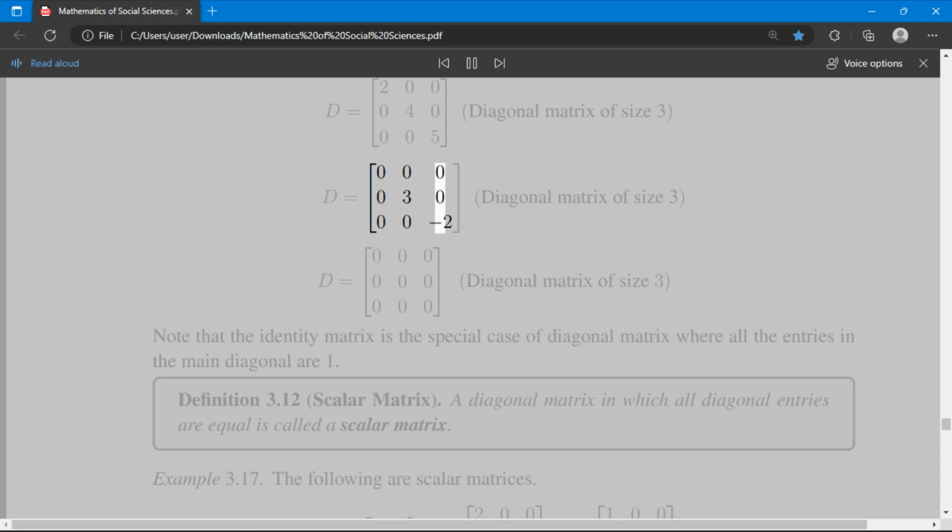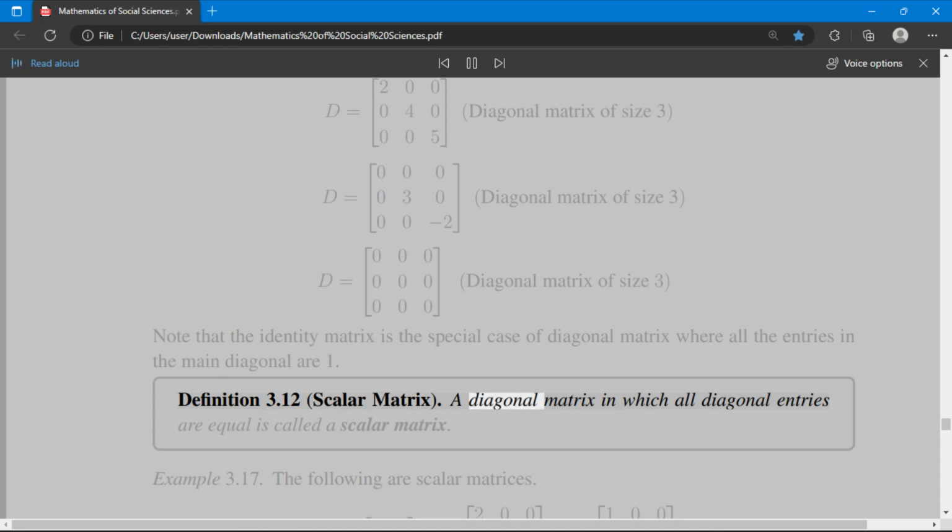D = [0 0 0; 0 3 0; 0 0 2], diagonal matrix of size 3. D = [0 0 0; 0 0 0; 0 0 0], diagonal matrix of size 3. Note that the identity matrix is the special case of diagonal matrix where all the entries in the main diagonal are 1.